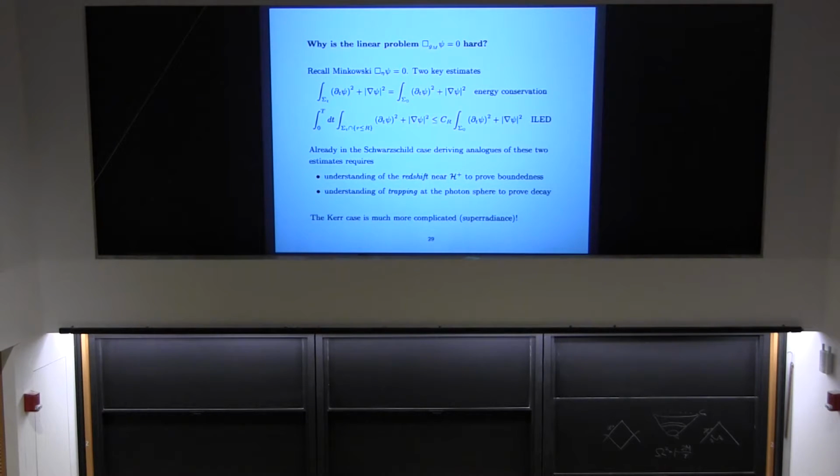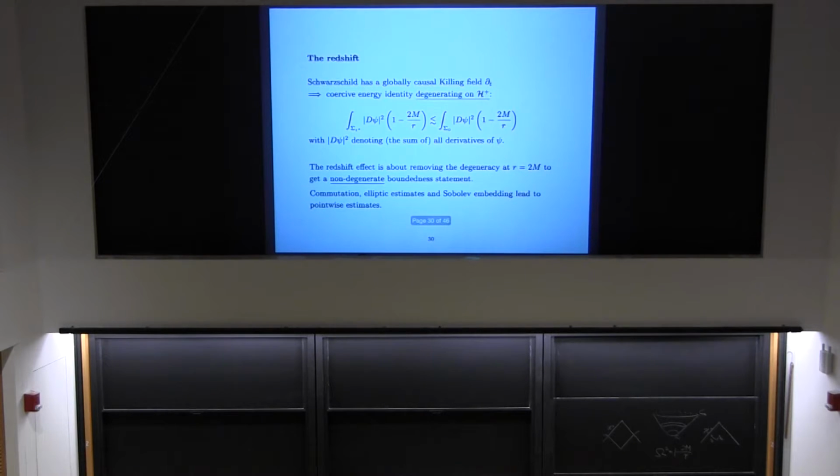Now let's go away from Minkowski space and look at the Schwarzschild case, the wave equation on Schwarzschild. Suppose you wanted to try and reprove these two estimates. Already getting these two estimates requires understanding two geometric phenomena. One is the redshift effect near the event horizon, and the other is the trapping of null geodesics. So what are these two phenomena?